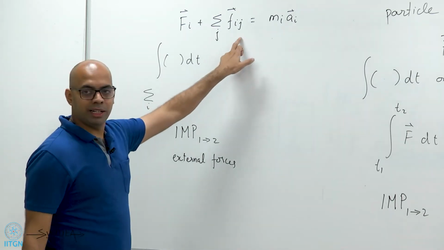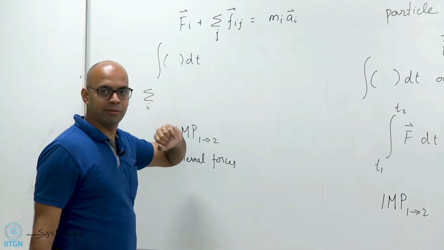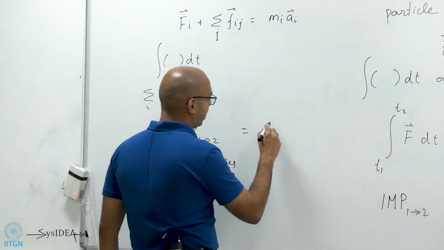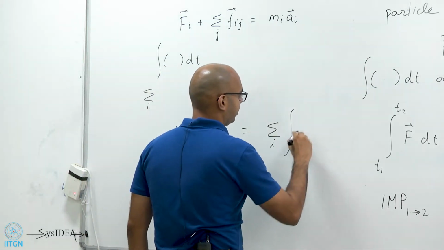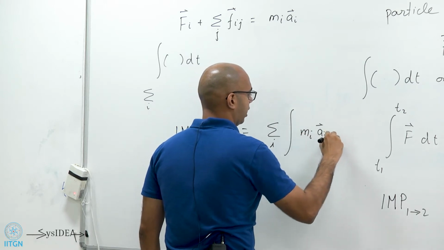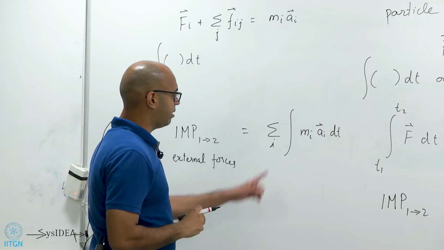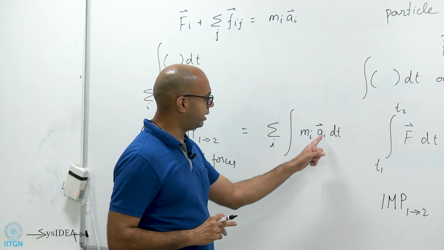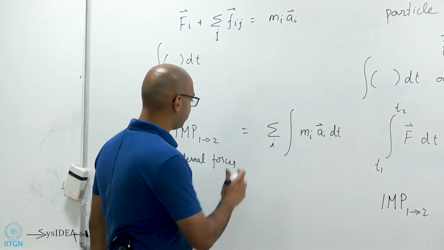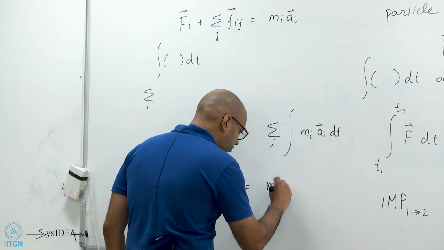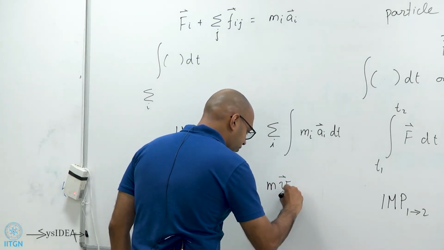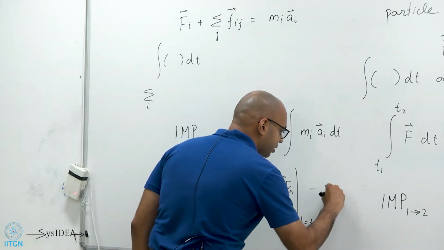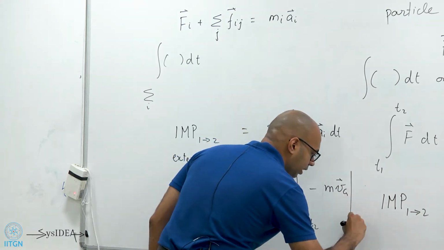The fact that it is multiplied by dt does not change that, because it is just a scalar multiplication. And on the right hand side you get a summation over i of the integral of mi ai dt, which gives a summation over i of mi vi. That would again give me the total mass times the velocity of the center of gravity at time t2 minus that at time t1.